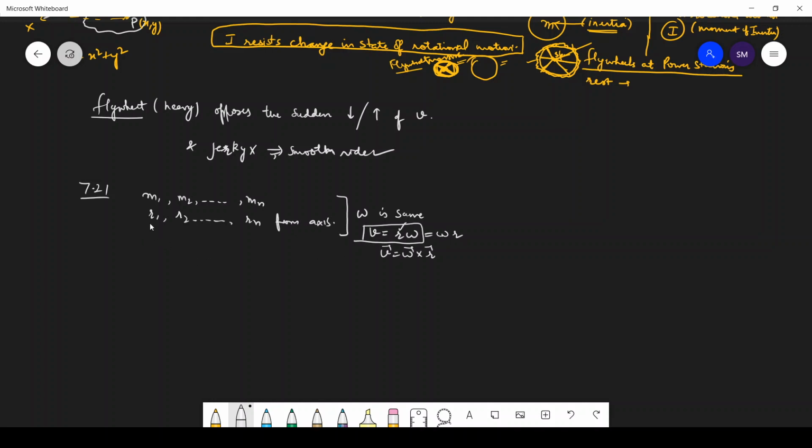So what will be the linear velocity of this particle whose mass is m1? Its linear velocity is v1, that is equals to r1 omega, and linear velocity of m2 is v2, that is equals to r2 omega, and so on.